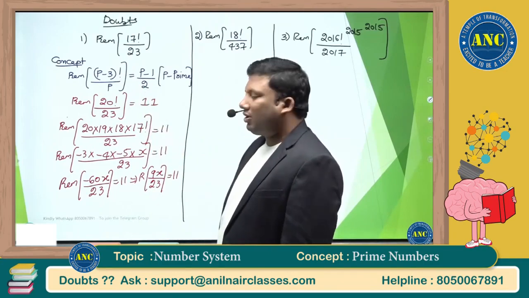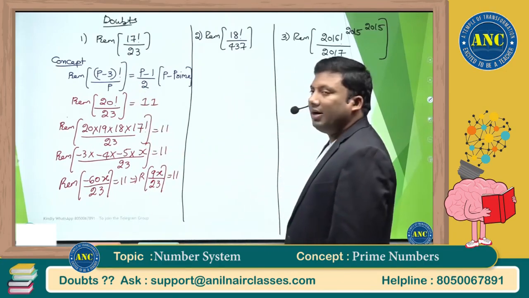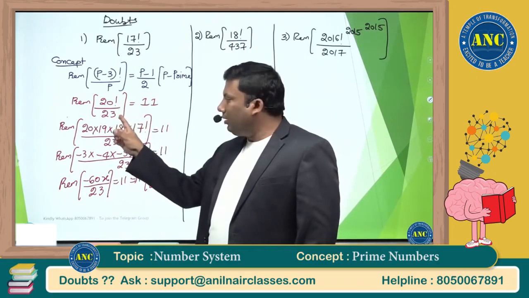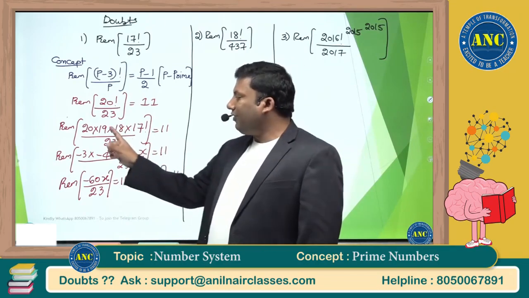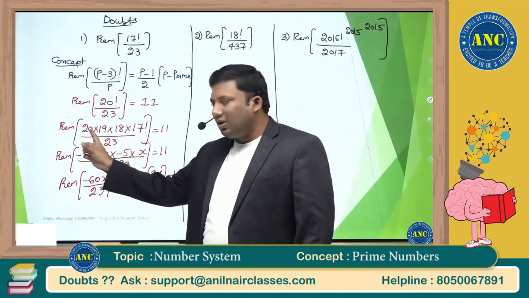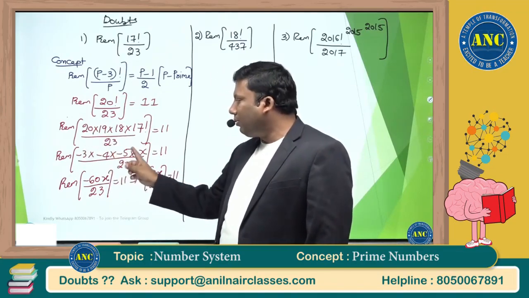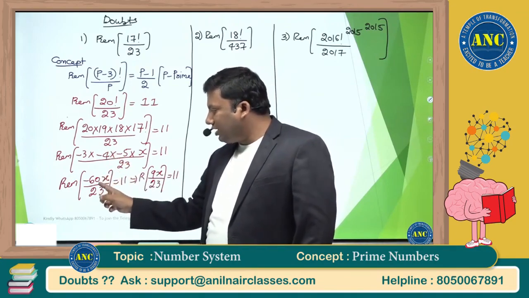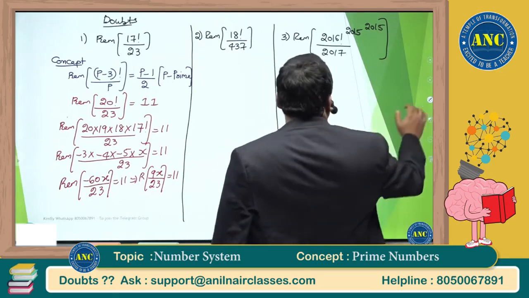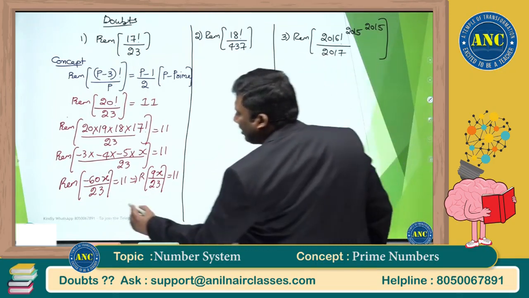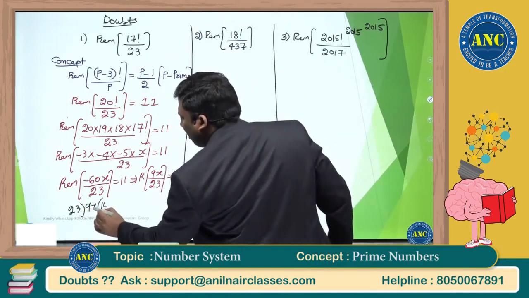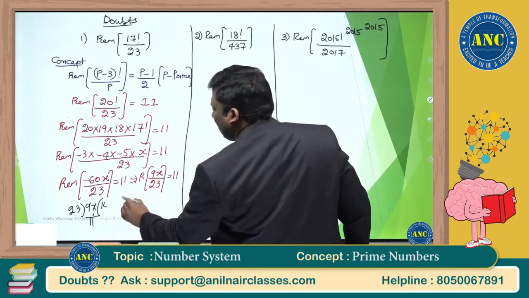So directly I start with p minus 3 factorial divided by p is p minus 1 by 2 when p is prime. 20 factorial by 23 is 11. 20 factorial is 20, 19, 18, 17 factorial, which is minus 3, minus 4, minus 5 into x, minus 60x. 23 3s are 69, minus into minus is plus, so 9x divided by 23. Quotient I don't know, remainder is 11.